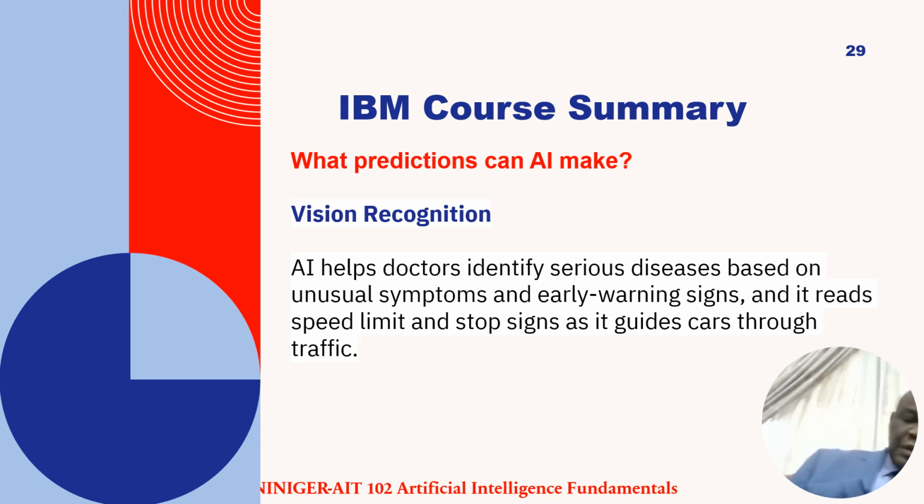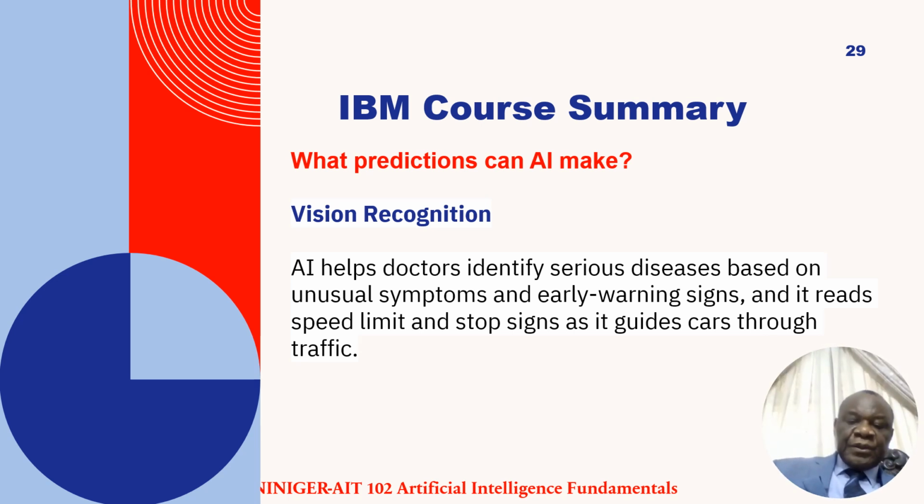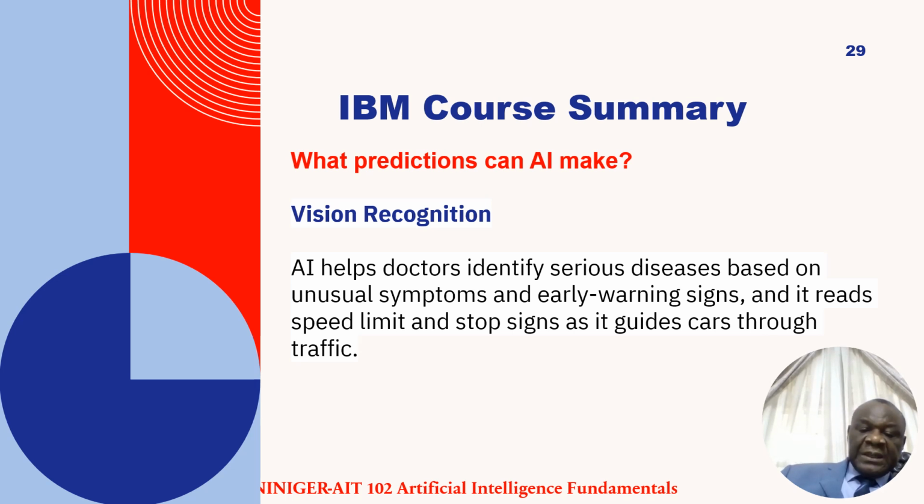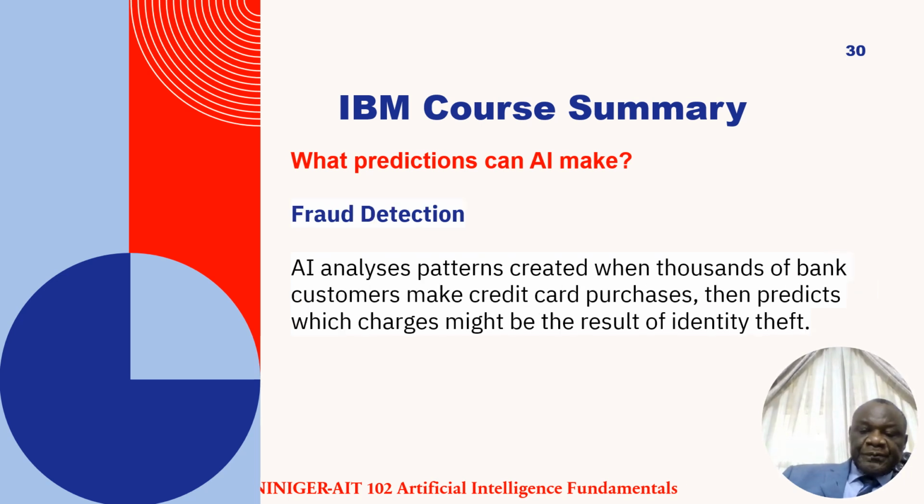Vision recognition also helps people like doctors identify serious diseases based on unusual symptoms and early warning signs. It can also read speed limits and stop signs as it guides cars through traffic.